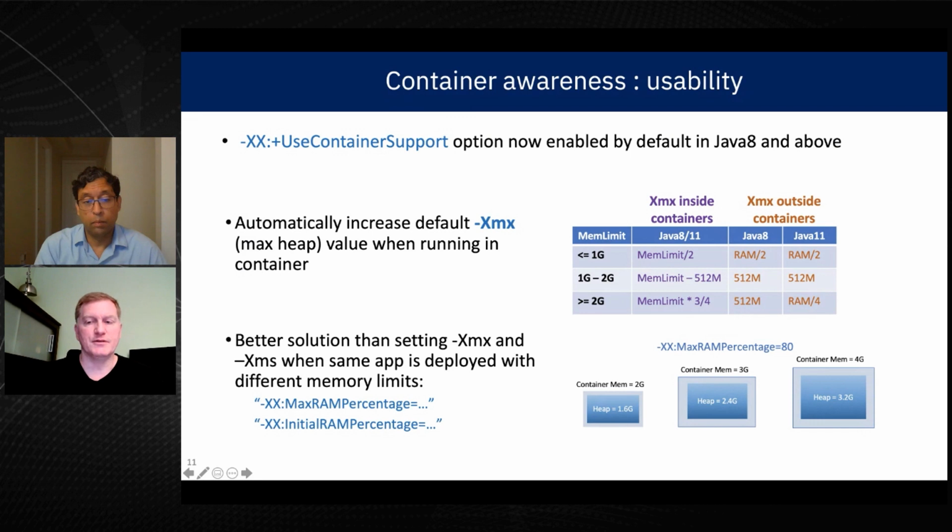And so the benefit here is that there aren't 2 places where you have to code the size of the limit or the size of the heap that you want. If you end up deploying with a larger container limit, you don't necessarily have to go in and modify the image in order to run with a larger heap size by changing that command line option. So you can just do it with percentages.